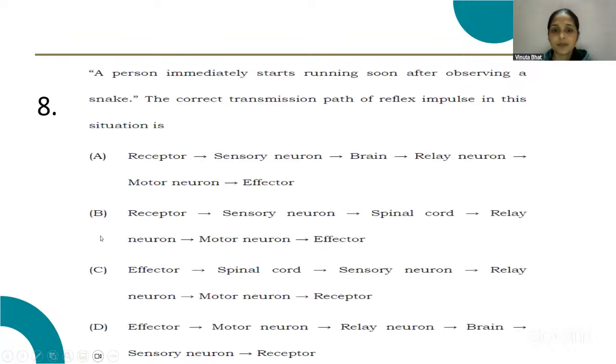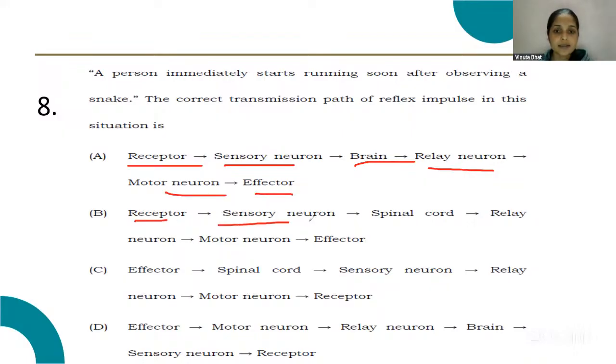Next question. A person immediately starts running soon after observing a snake. The correct transmission path of the impulse in this situation is: option A, receptor, sensory neuron, brain, relay neuron, motor neuron, and the effector.